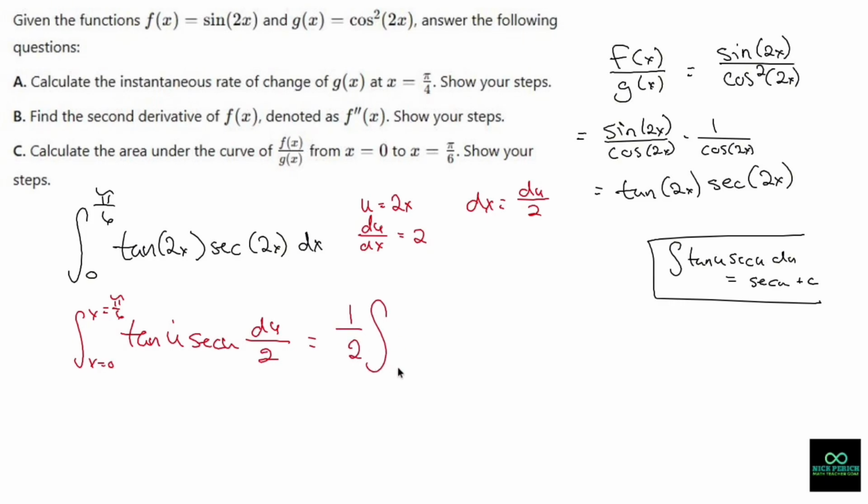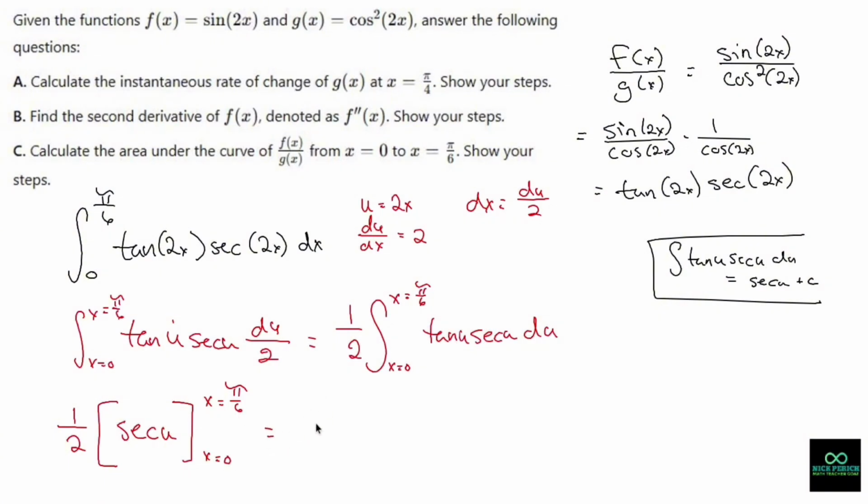My limits are still x going from 0 to pi over 6, and then I have tan u secant u du. According to what I just wrote over there, that is going to become secant u, where my x limits are still pi over 6 and 0.